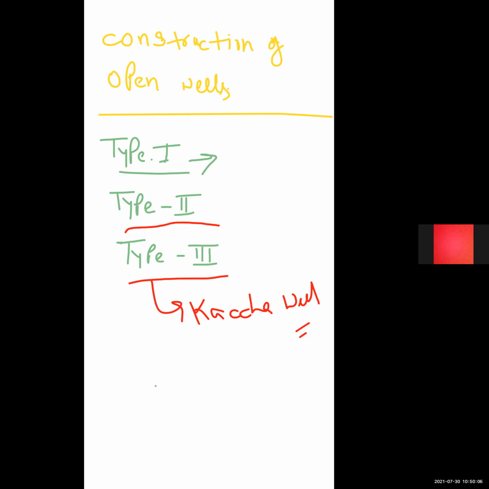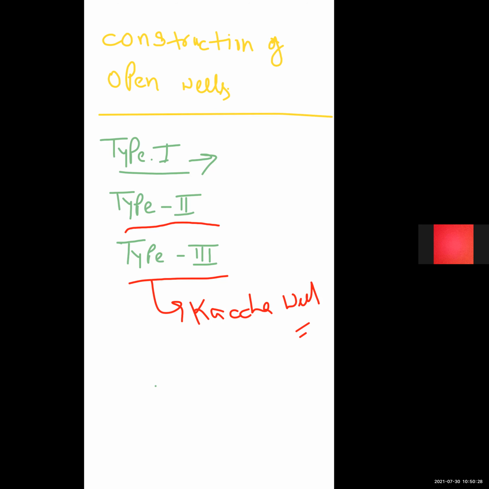Next is the yield of an open well. How do we calculate the yield of an open well? The yield of an open well can be determined by performing either of two types of pumping test. First is the equilibrium pumping test.